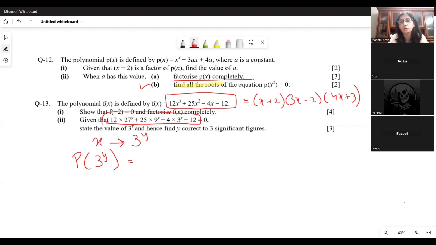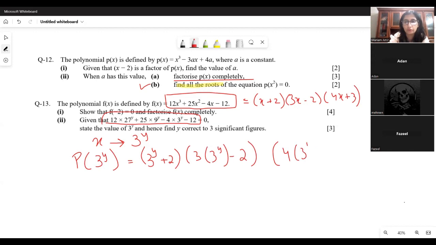Now you're going to replace the x with 3 power y: (3 power y plus 2), (3 times 3 power y minus 2), and (4 times 3 power y plus 3), and equate it to 0.